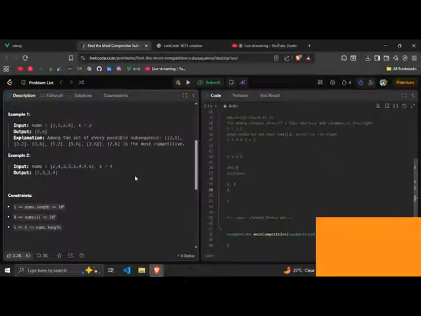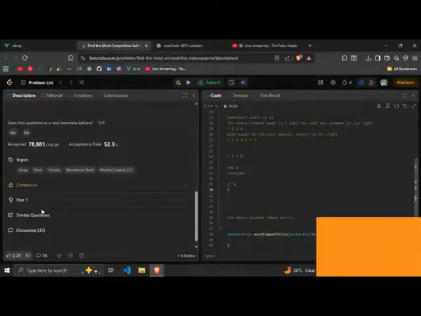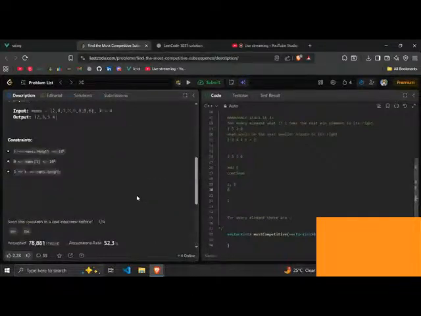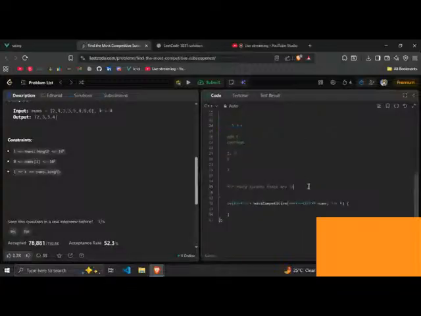But how to make it a greedy way? In lexicographical order, the elements to the left have higher priority than to the right. So, can you think of a strategy that incrementally builds the answer from left to right? Okay. So, I was thinking the wrong way. So, from left to right.